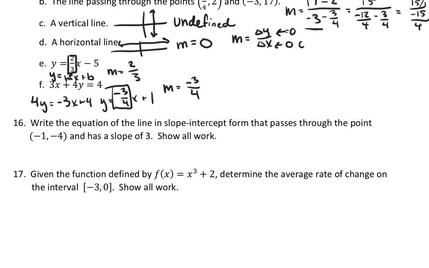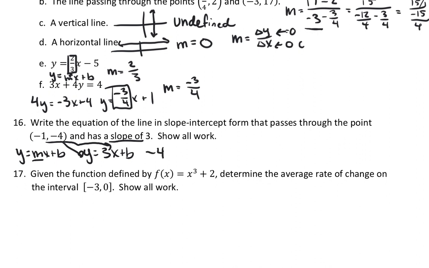All right, problem 16. Write the equation of the line in slope-intercept form that passes through the point -1, -4 and has a slope of 3. It gives us the slope, so we have y equals mx plus b, where m is 3. So y equals 3x plus b. We can use our point to find out what b is.